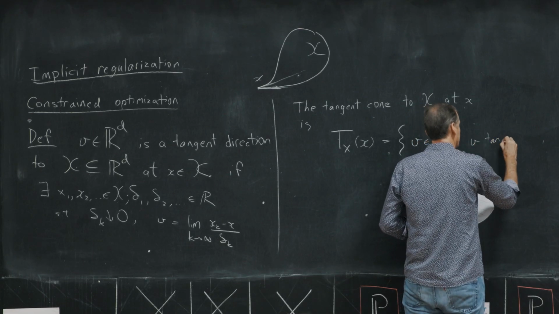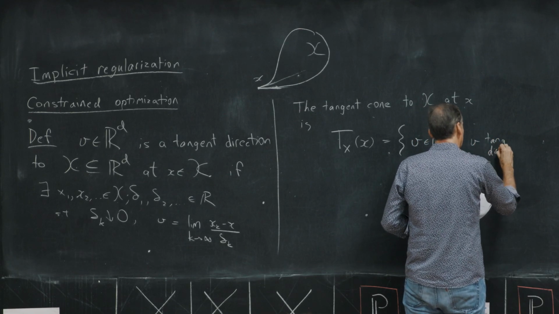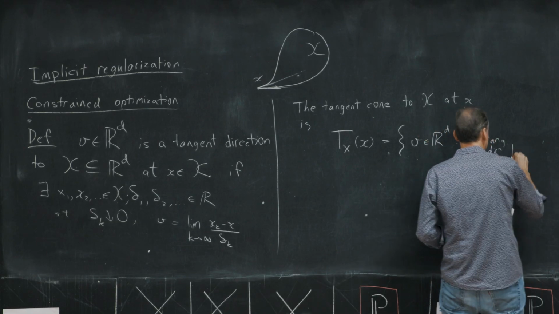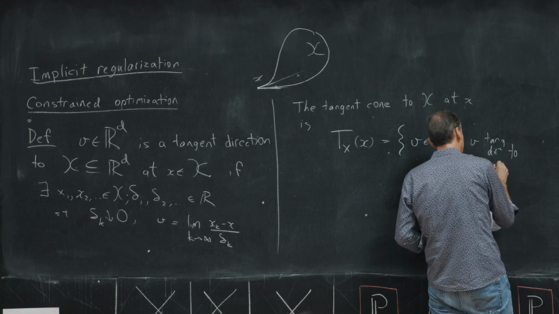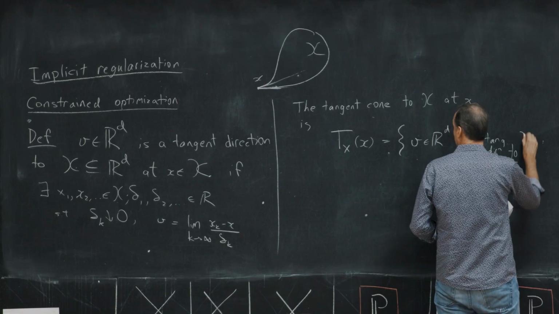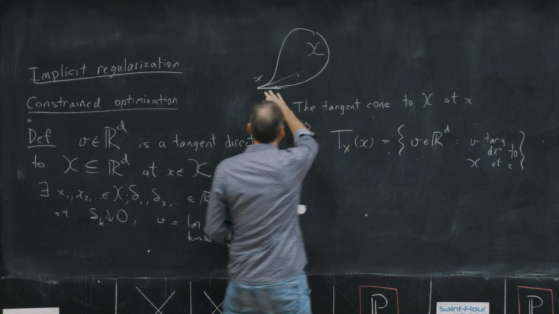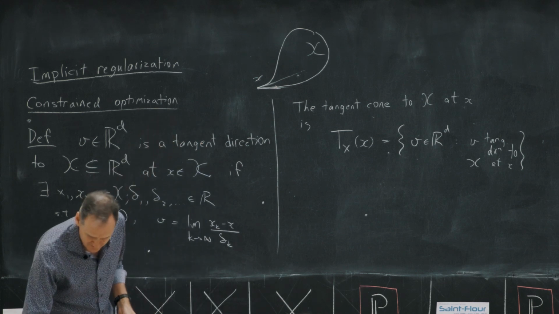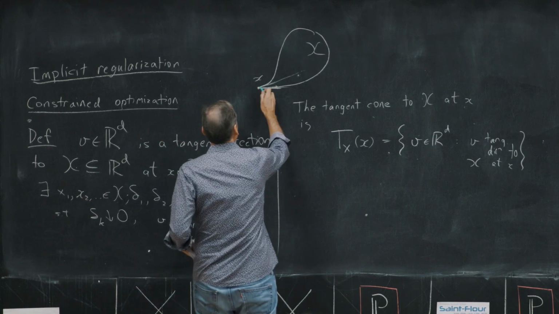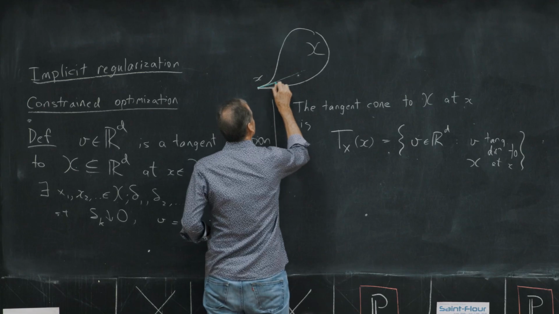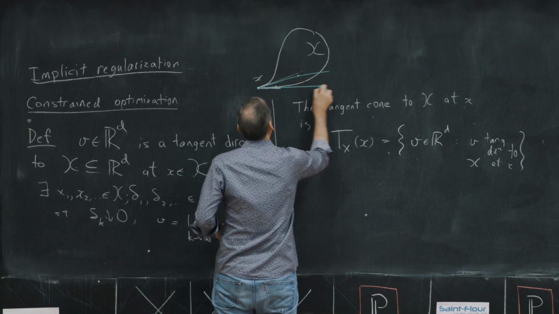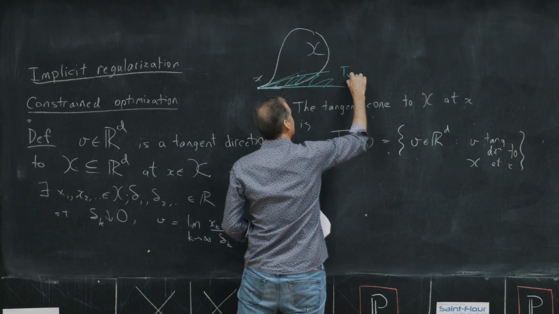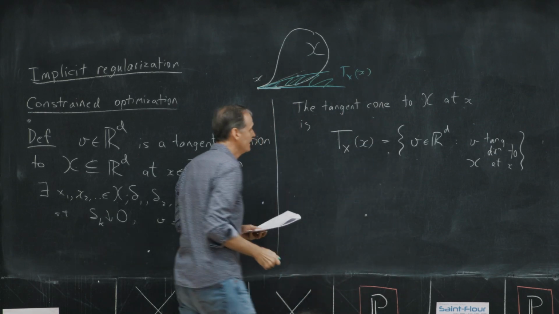Using some colors, our tangent cone is going to be this set, everything going off here.